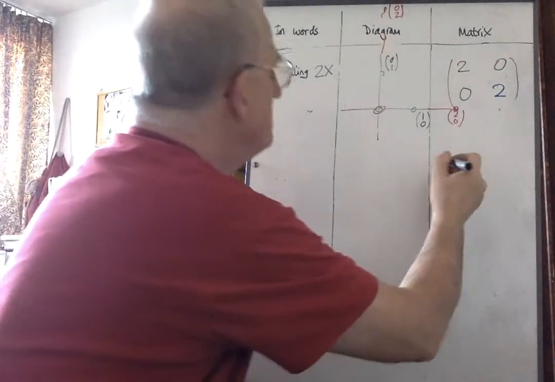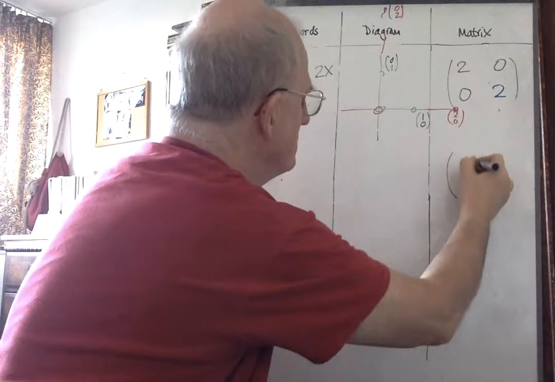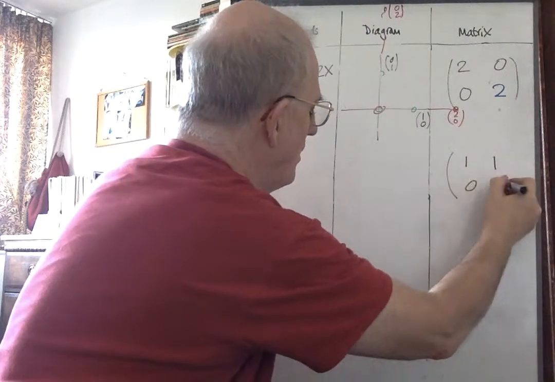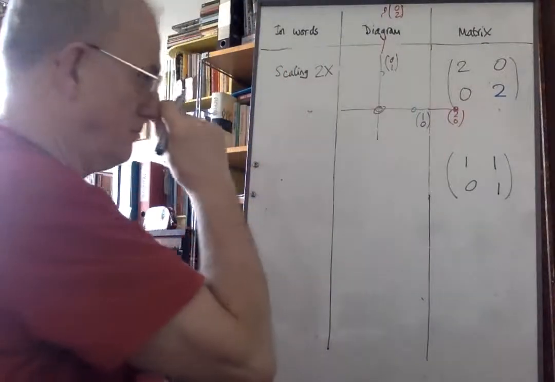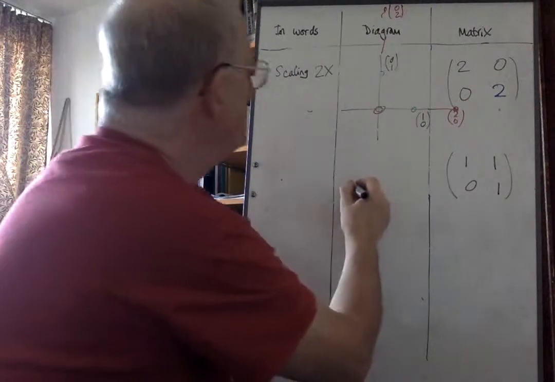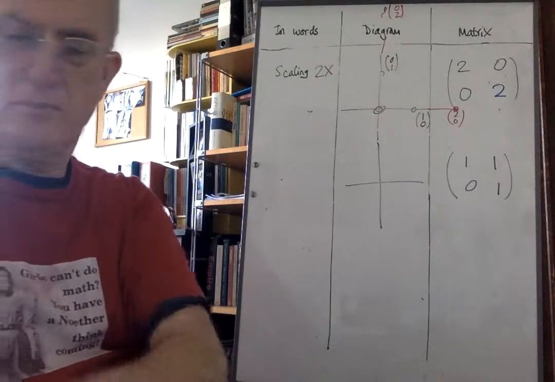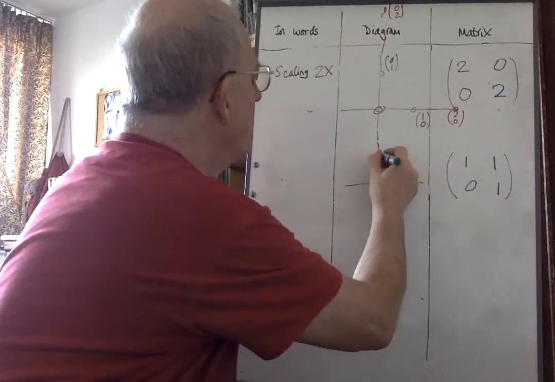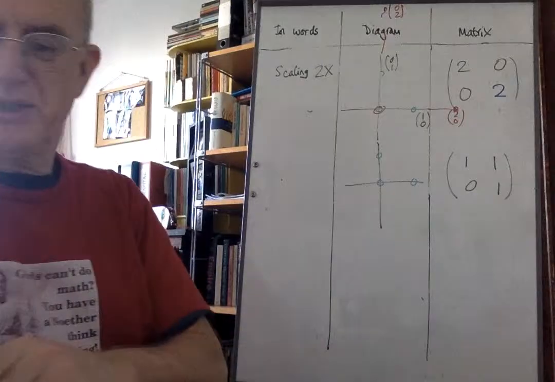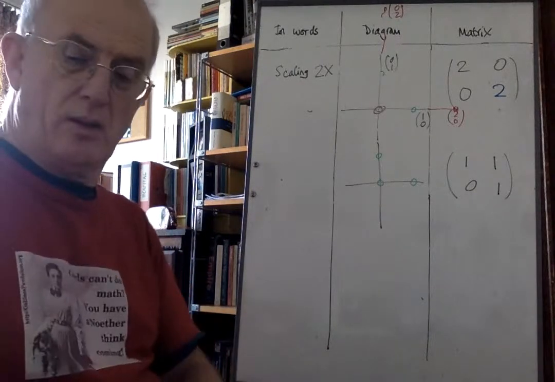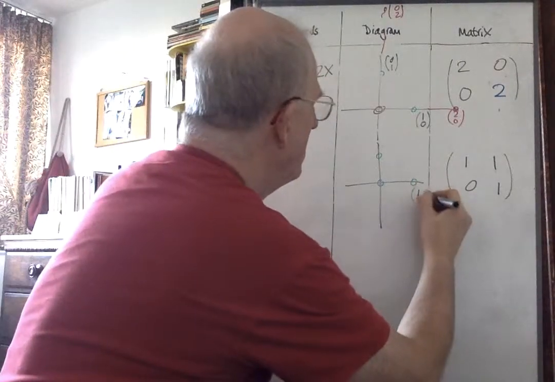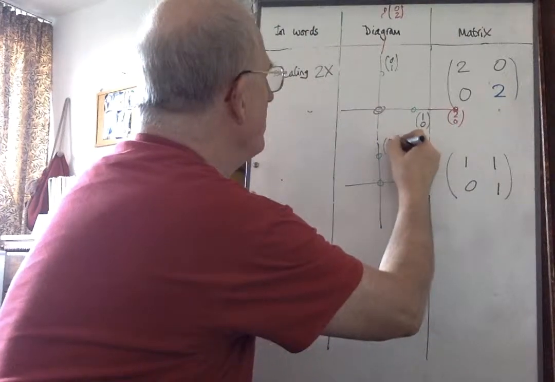One more. There's a matrix. Here's the diagram. Here are the 3 points. Here are their coordinates.